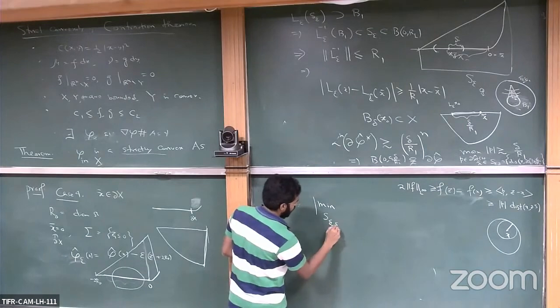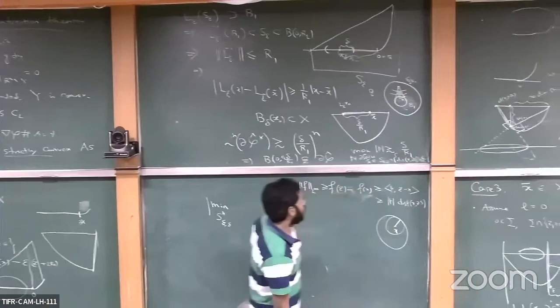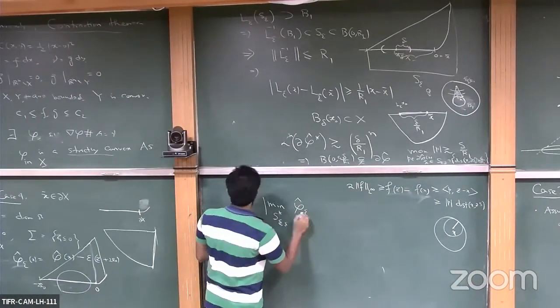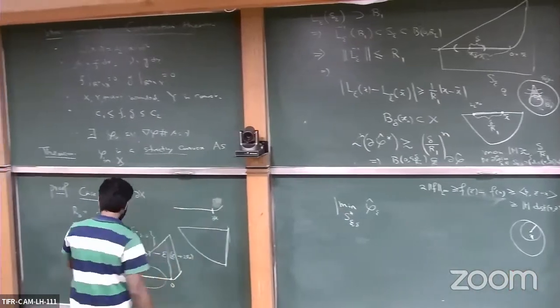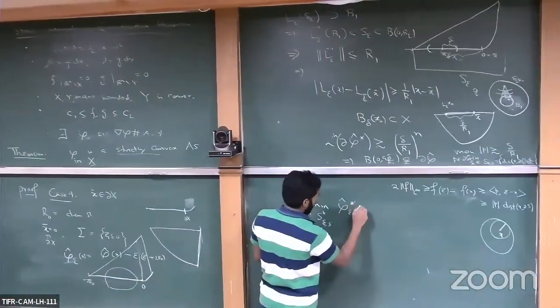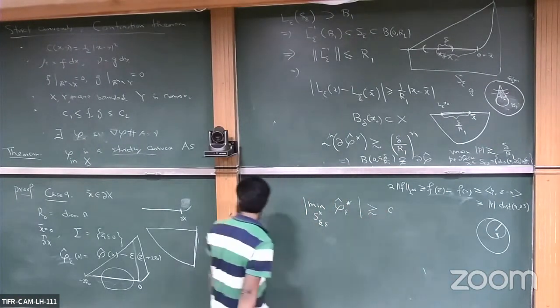is epsilon delta star. This is where your distance delta over R1 away, phi at epsilon, and after subtracting this one, the normalized function cannot be too small.